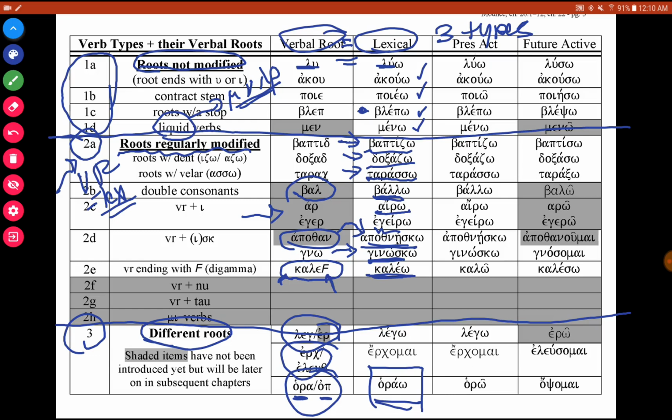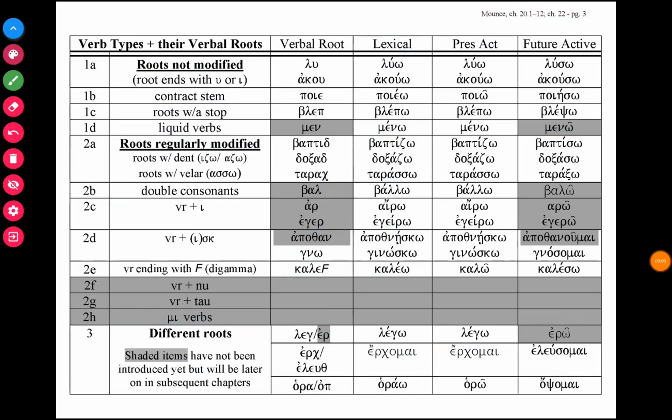And so it uses opt for the future form, where it uses hora for the present form. For those verbs that have different verbal roots, you're simply going to have to memorize which verbal root to use for which tense. And that's what makes type 3 the hardest.